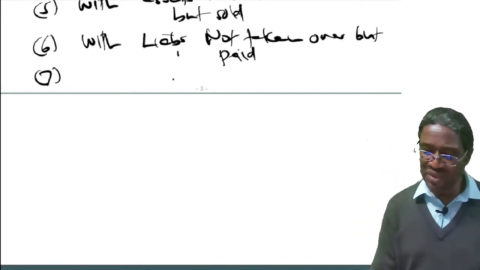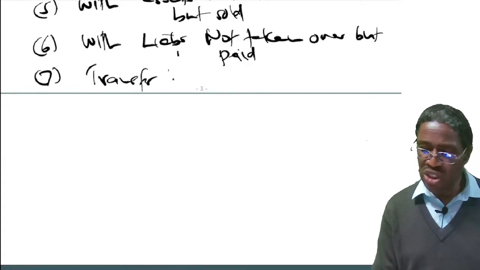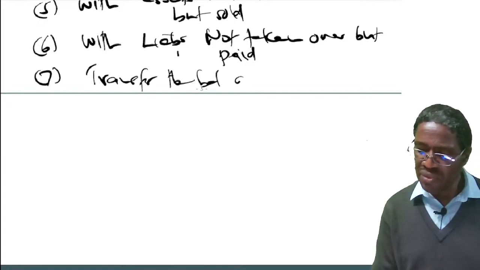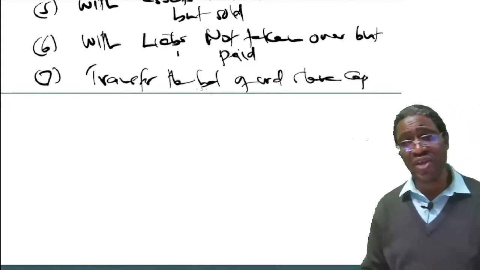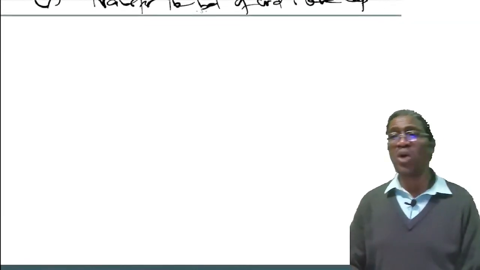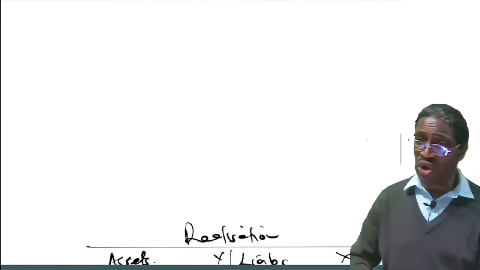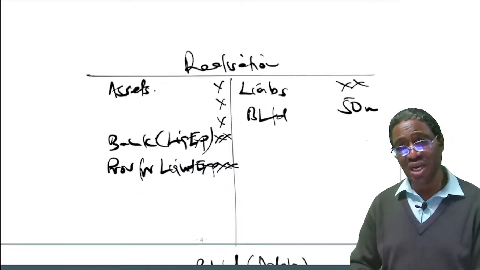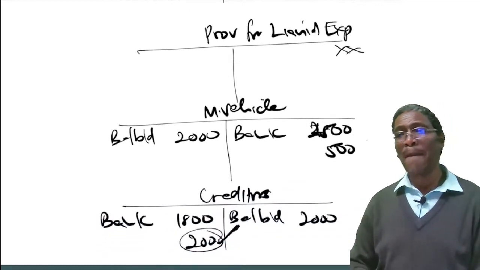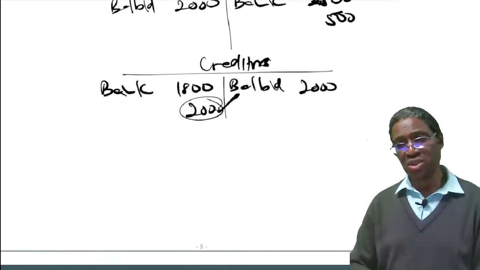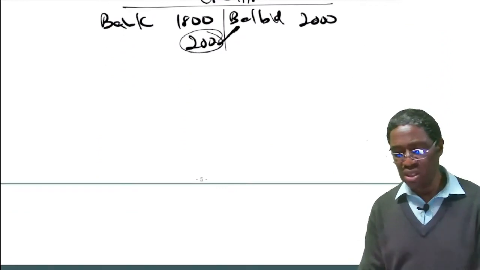So step number 7 says you transfer the balance of the ordinary share capital to a liability account that we shall be calling ordinary shareholders members account.